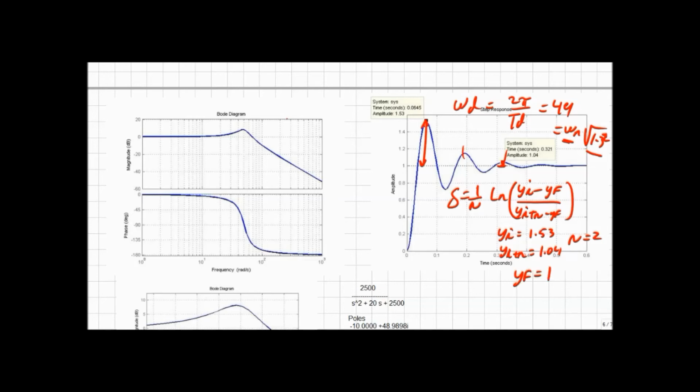So if I plug all that in, I get delta equals 1/2 log of (1.53 minus 1) over (1.04 minus 1), and that delta equals 1.29.